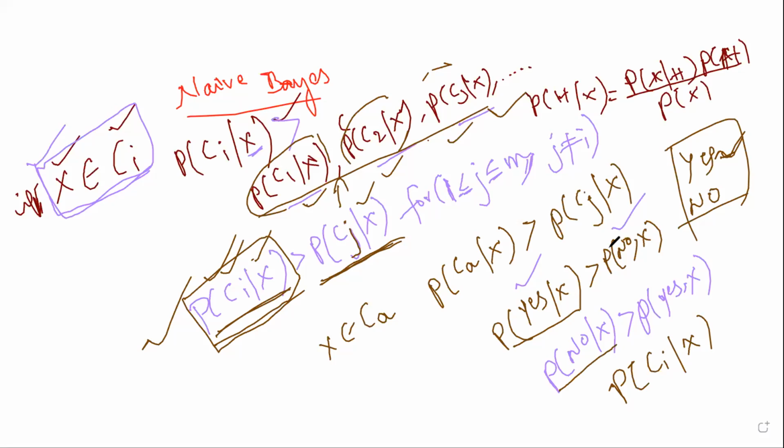Suppose I have three classes, C1, C2, C3. How can I assess the class of X? How can I find out? Through the posterior probability of all classes.